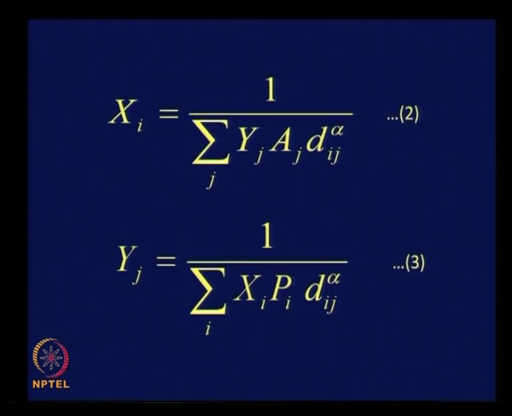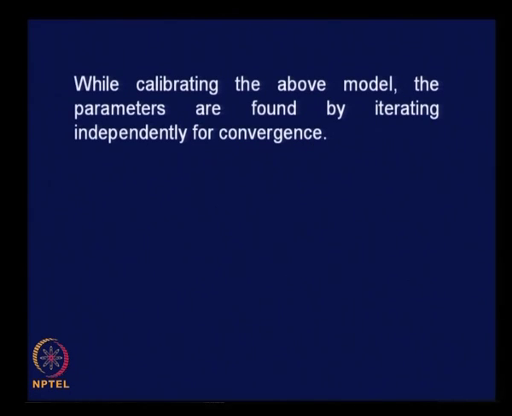We are trying to express Xi in terms of Yj and then Yj using Xi, right. Once you change the value of Yj, Xi will get altered. Once you change Xi, it will have an effect on Yj, right. And the procedure followed in the analysis is as follows.